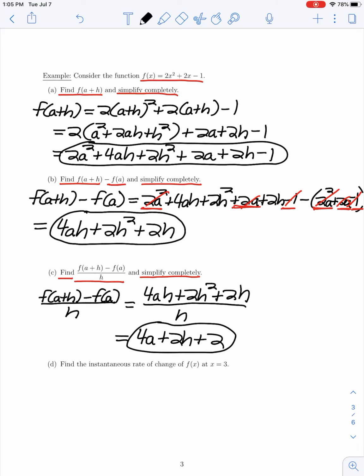And in part D, we're asked for the instantaneous rate of change of f of x at x equals 3. So the instantaneous rate of change of our function at x equals 3 is given by the limit as h approaches 0 of f of 3 plus h minus f of 3 all over h.